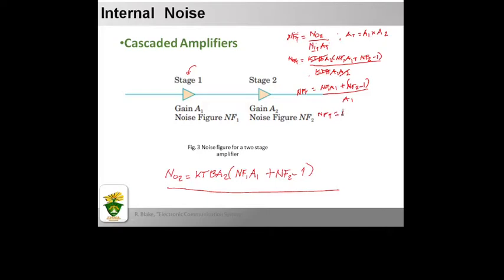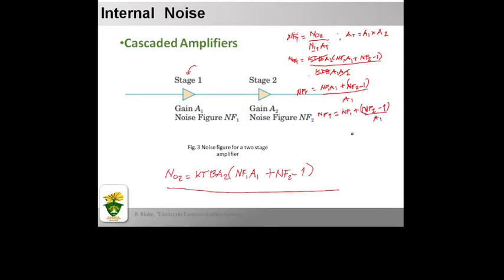So we have NF1 plus NF2 minus 1 over A1.